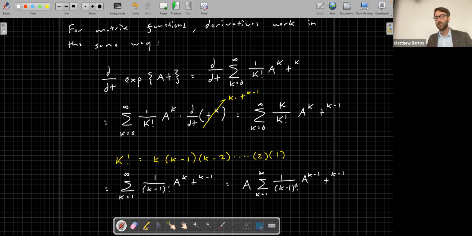And what do you notice about this expression here? So one thing we can do is the index that we're summing over is kind of arbitrary, right? It doesn't really matter what the index is as long as we are summing from 0 to infinity. So what we can do is we can redefine the index of our sum to be k tilde is equal to k minus 1.